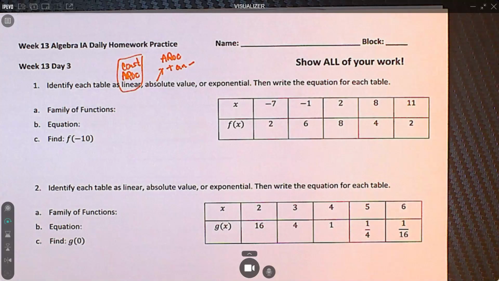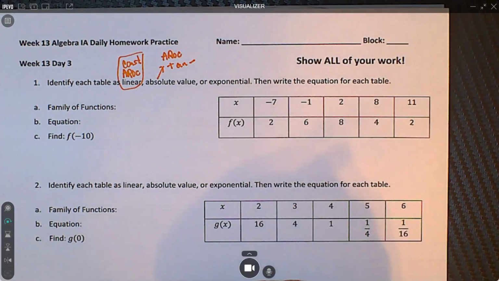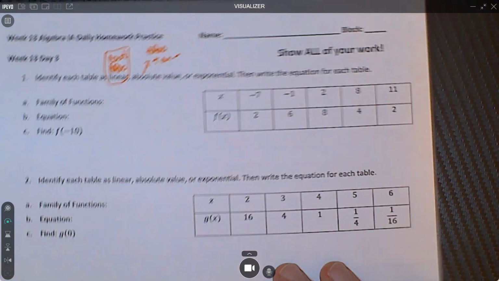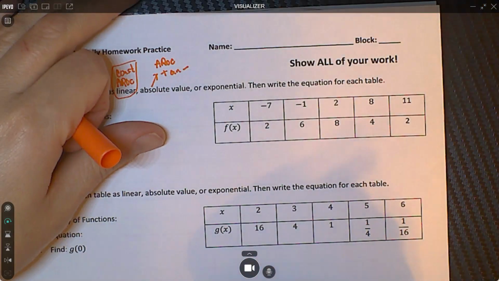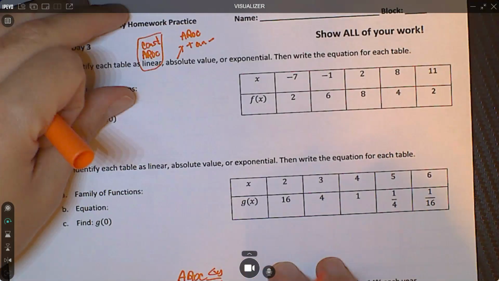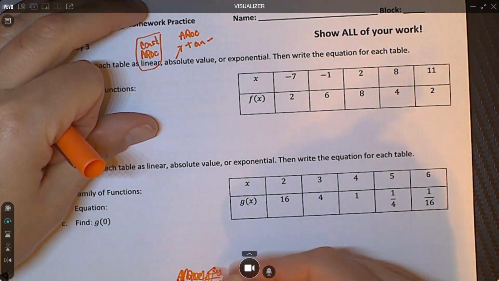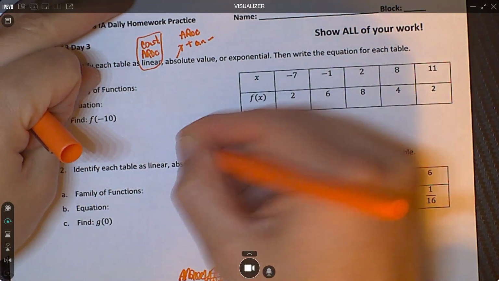So positive and negative of the same one. Okay, we got to check the AROC.